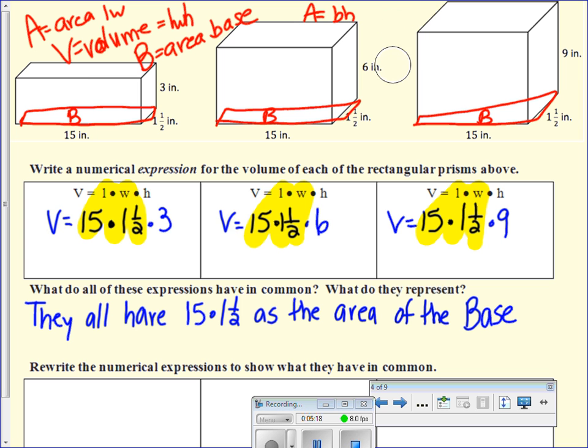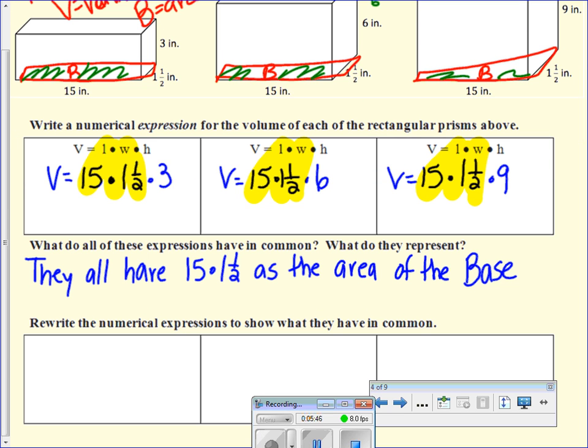So a lowercase b would represent the area. I'm sorry, the lowercase b is the distance, the measurement of just the base. But a capital B represents the whole area of the base of the rectangular prisms. So they all have the same as the base.